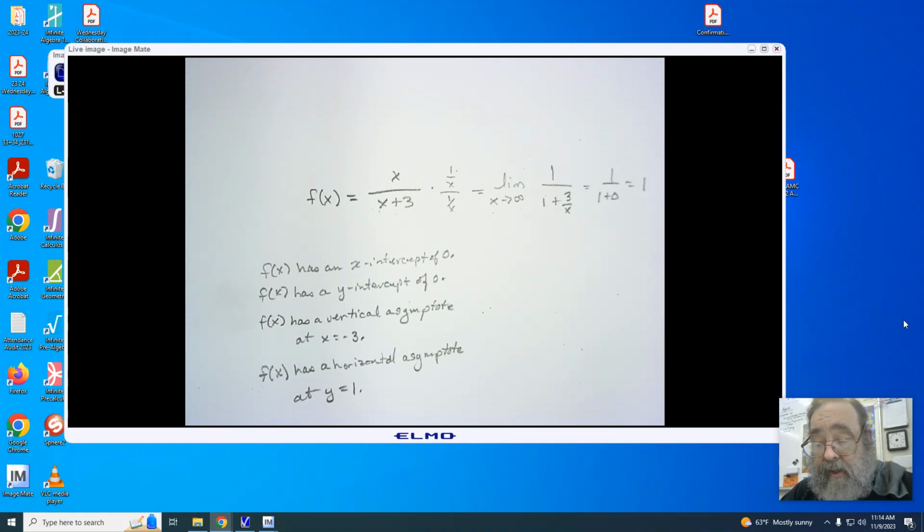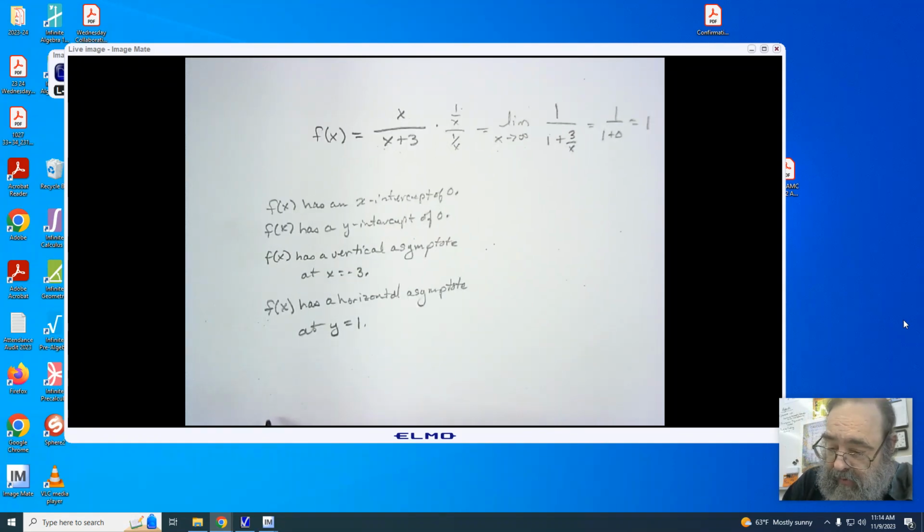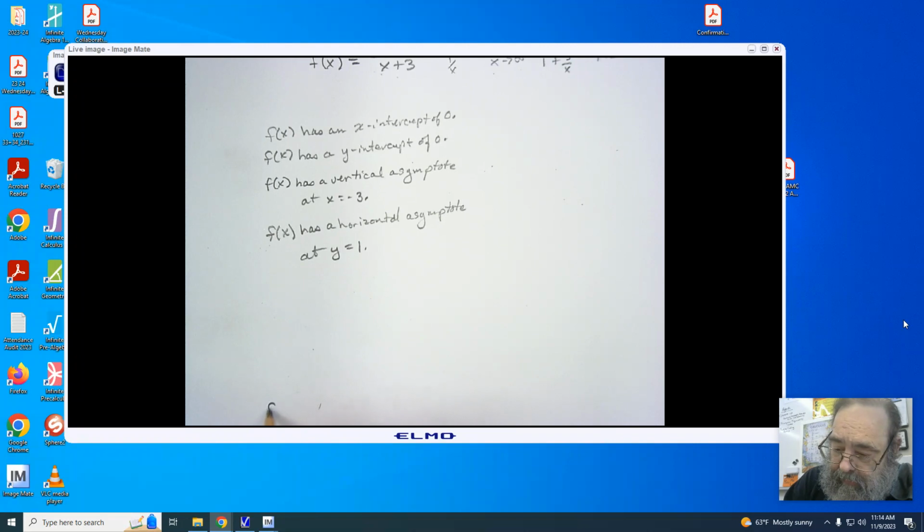Now for us to do the next 3 parts, or 4 parts, the intervals of increase, decrease, relative extrema, interval of concavity, and points of inflection, we now have to take the first and second derivatives. So we're going to start with our first derivative, and I'm going to do it down at the bottom. That means that I have to take the derivative of x, which is 1, and multiply by x plus 3.